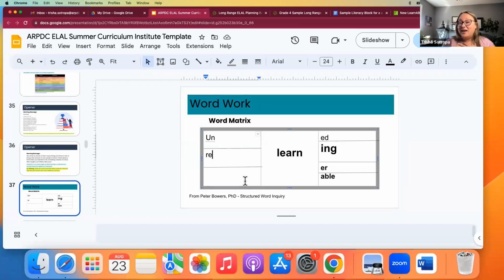And I like to make it connected to the work that we're doing in the class. So I would go through which prefixes and suffixes they're expected to know at each grade level and which ones they're expected to know in the previous grade levels, and make sure that we cover all of those throughout the year.